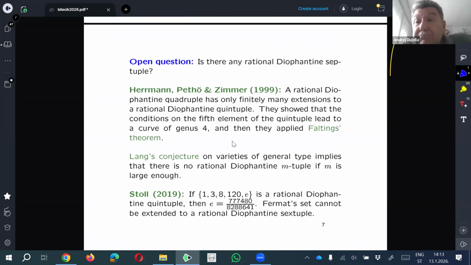So we know almost nothing. I will say something in the negative direction and something in the positive direction, but without any conclusion about what to expect here.